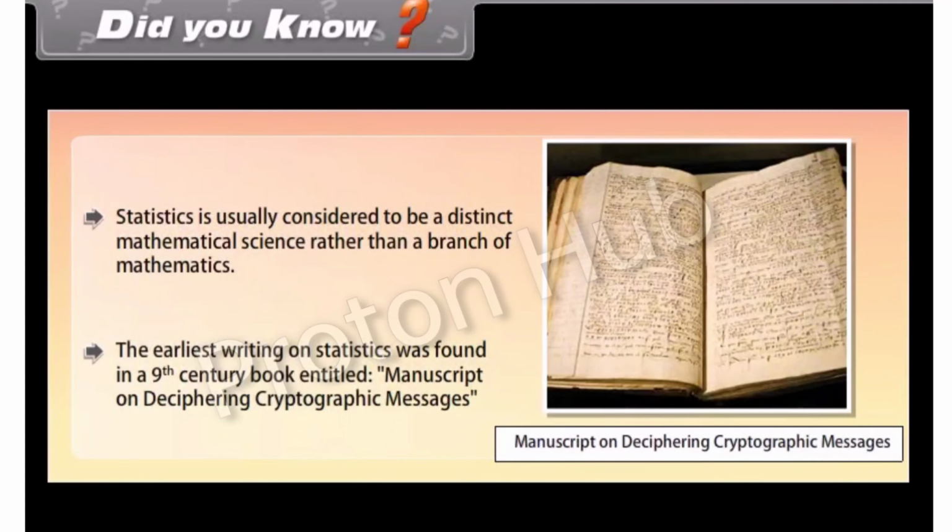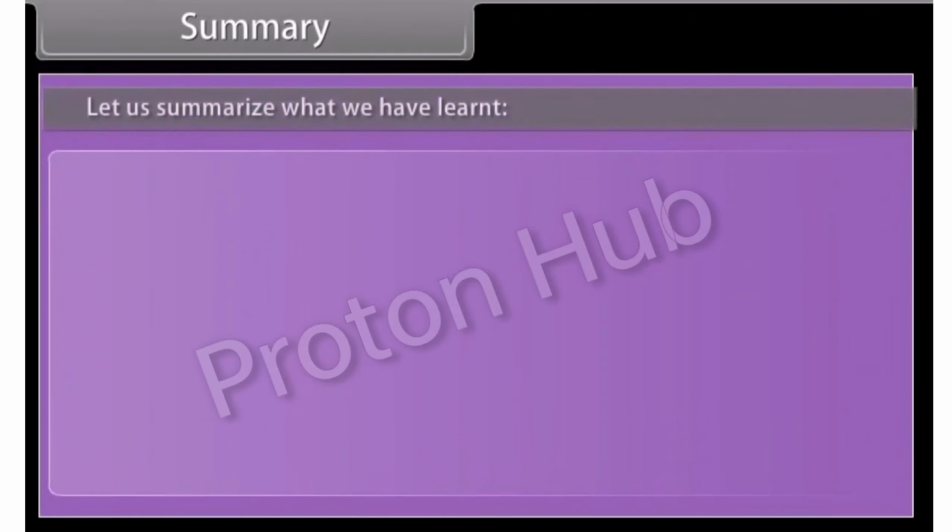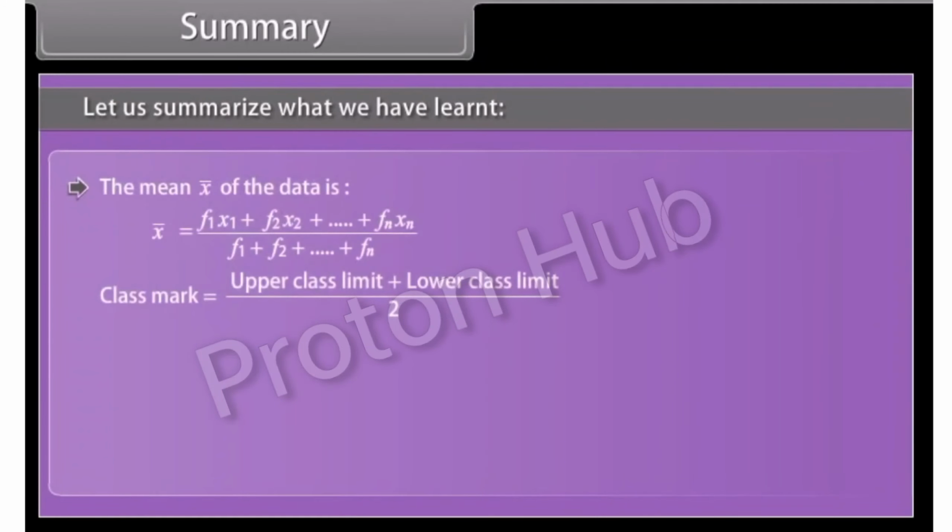Summary. Let us summarize what we have learned. The mean x bar of the data is x bar equals f1 x1 plus f2 x2 plus and so on plus fn xn, divided by f1 plus f2 plus and so on till plus fn.